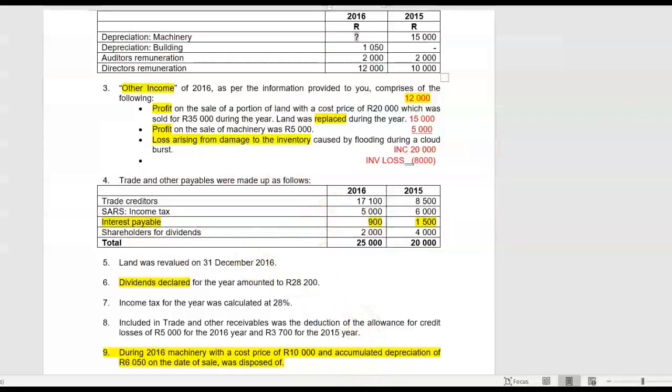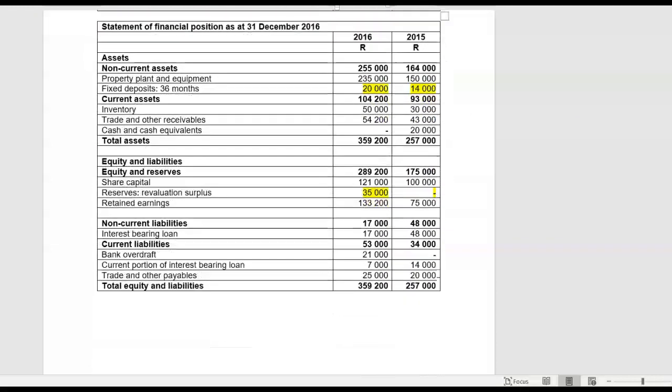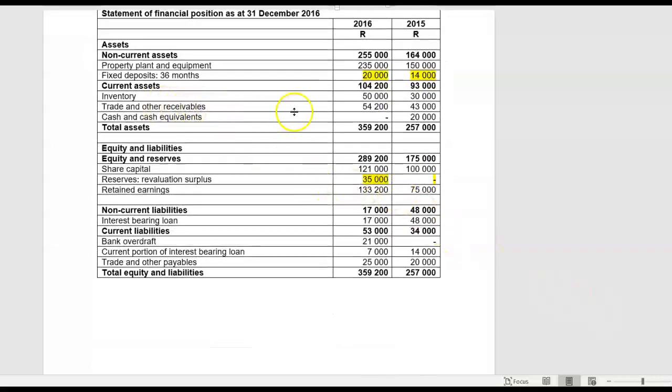So let's now start with cash received from customers. They gave us the revenue figure for the year. So the revenue figure for the year equals 350,000 rand. We have to adjust it then with a movement in debtors. Here we have trade and other receivables. Last year 43,000, this year 54,200.